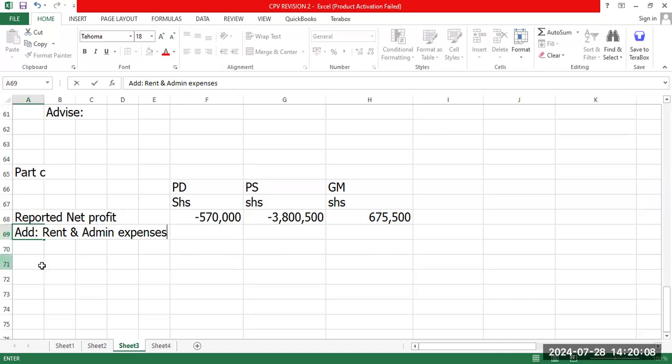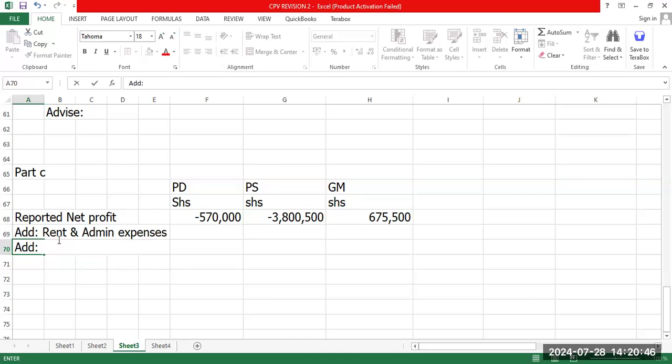We are adding back, and I'm going to tell you the reason. Because you see that this reported net profit includes these items they have talked about. But we need the net profit using ABC when we have actually calculated the right amounts of rent and admin, then also admin salaries and general expenses. So you have to first adjust.